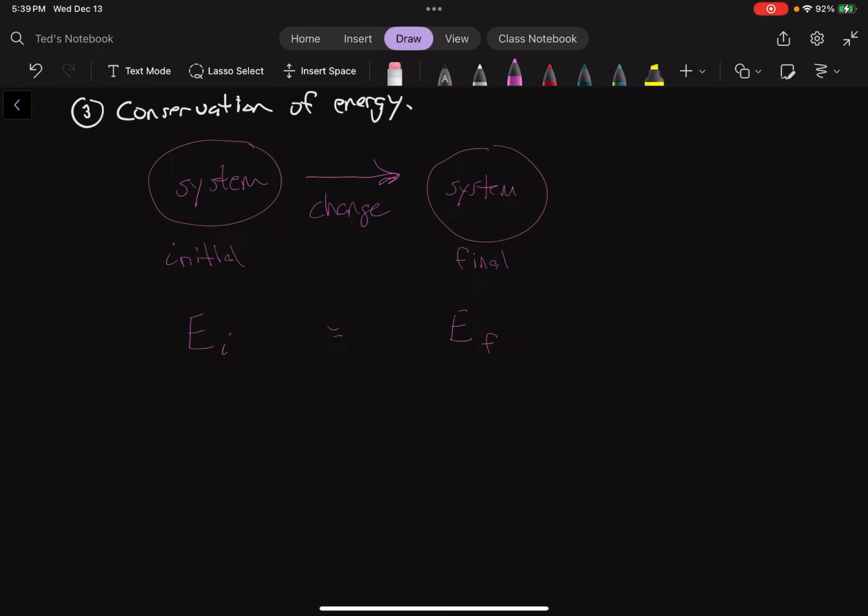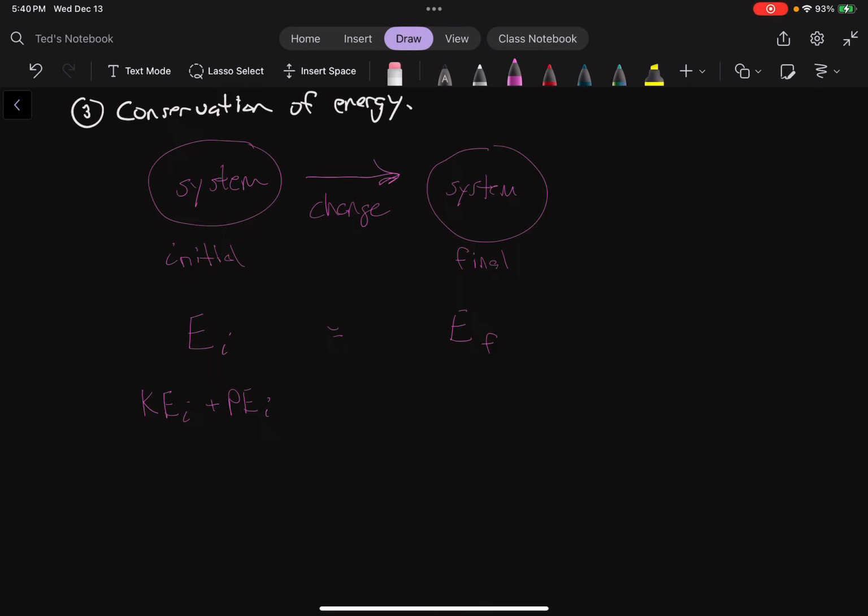Now, total energy, for our purposes, that's going to be kinetic energy, the energy that things have because they're moving, and that's going to be potential energy. And in Physics 1, we had two different kinds of potential energy, springs and gravity. And in Physics 2, we'll introduce some new kinds of potential energy.